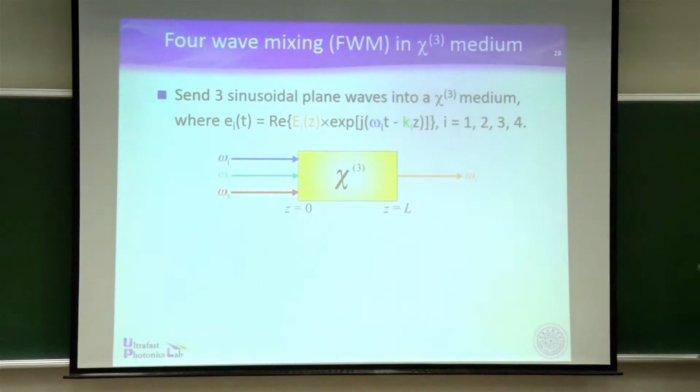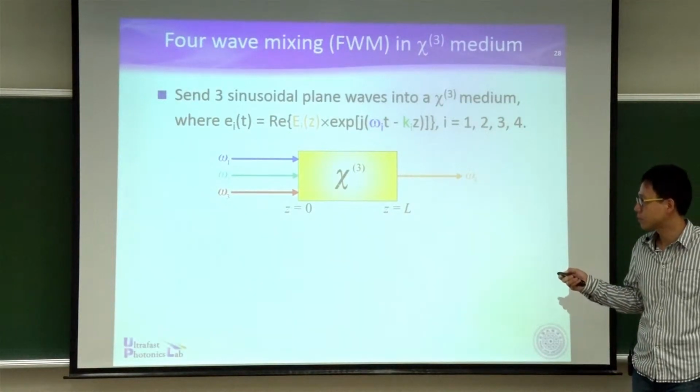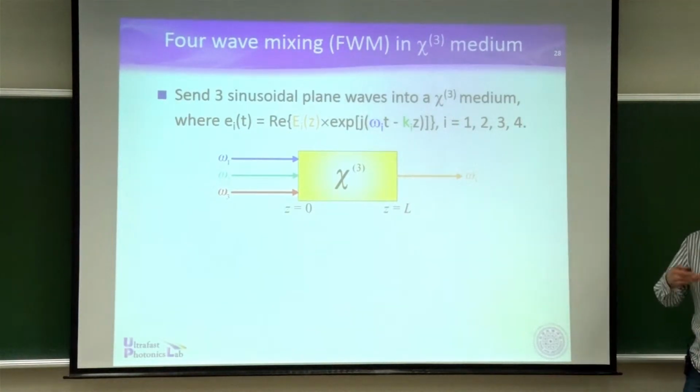If you have three sinusoidal plane waves at frequencies omega 1, 2, 3, and send them into a nonlinear medium with a chi-3 coefficient, chi-3 means third-order nonlinearity. Basically all materials have some third-order nonlinearity, more or less.